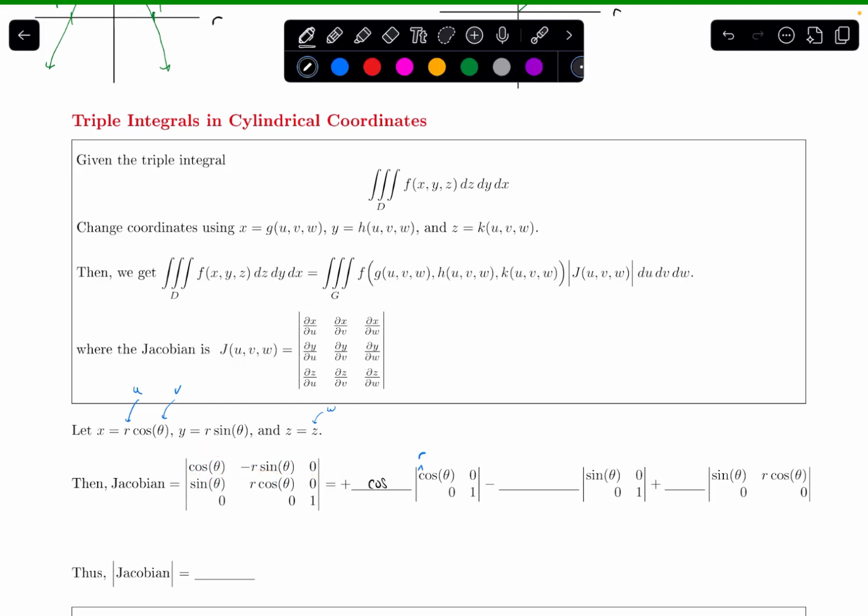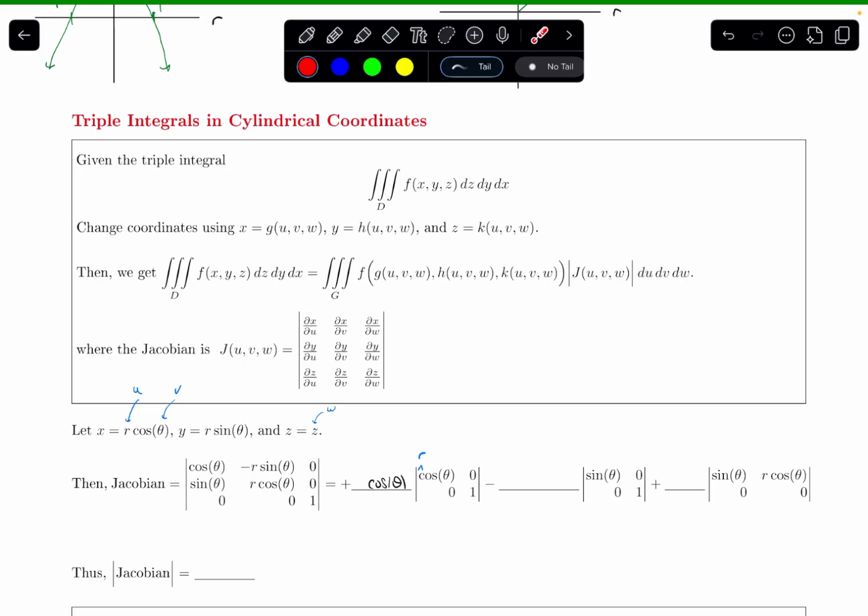Then you cover up the row and the column that it's in, and that leaves you with this smaller 2 by 2 matrix, which I'm going to write down. There's one typo here. I forgot to put the r in front of the cosine, so let's add that in. Then I take the determinant of the smaller 2 by 2 matrix. That's what these vertical lines mean.